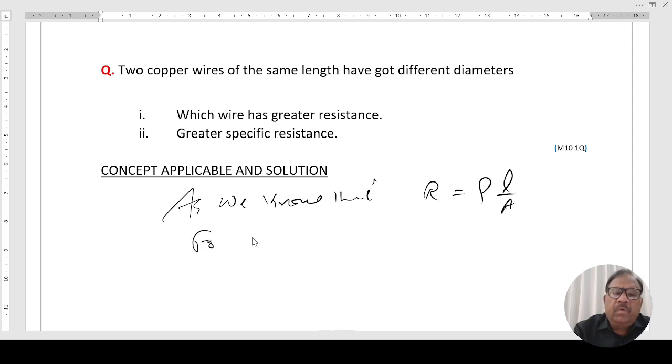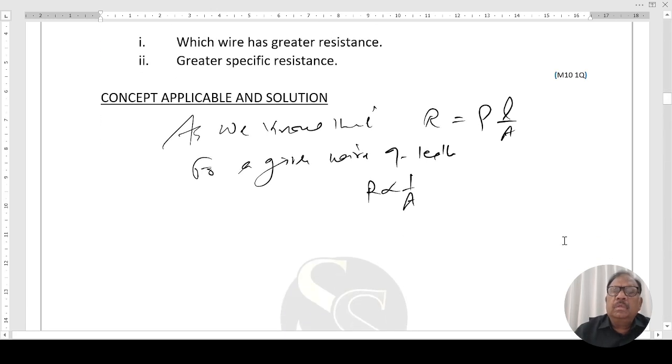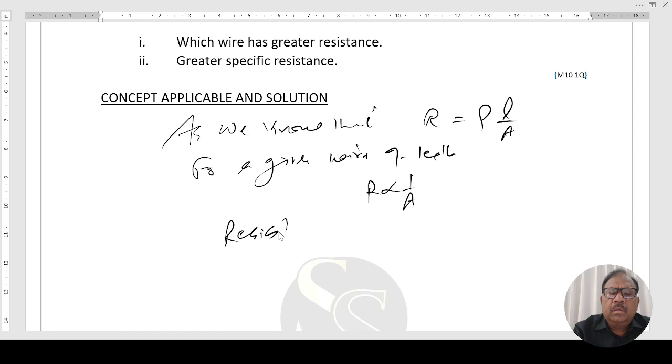For a given length, R is proportional to 1 upon A, means resistance is inversely proportional to area.